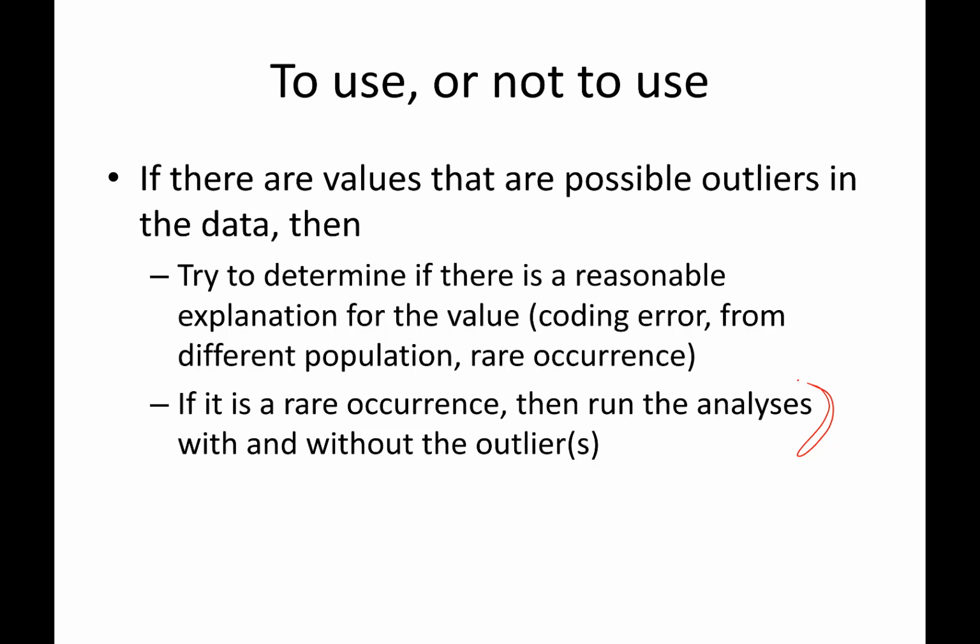So run it with and without, and then decide whether we keep it in or not. Usually if we've got a small data set, we don't want to lose points, so we want to do whatever we can to see if we can include that value. If it's a large data set, then usually removing that point's not going to have as much of an effect on the analysis.